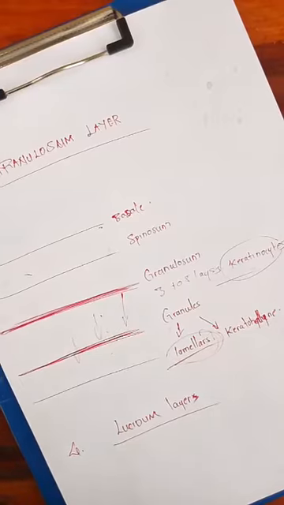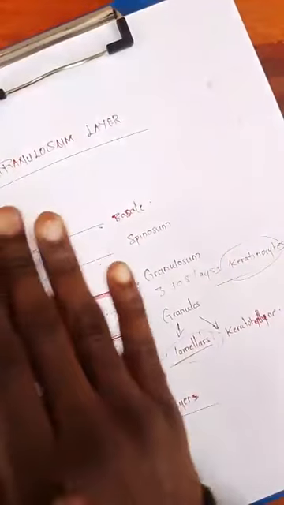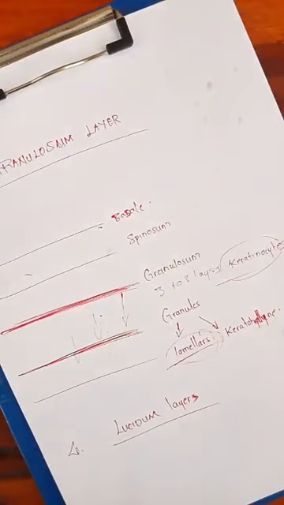It is found mostly on thick skins. From the introduction of the video, I told you that the thickness of the skin tends to differ. You're going to find that the thickness of the skin here is not going to be the same as this side. Why? It is because there is a layer here which is not found on the skin on the other side. This particular layer is the lucidum layer.